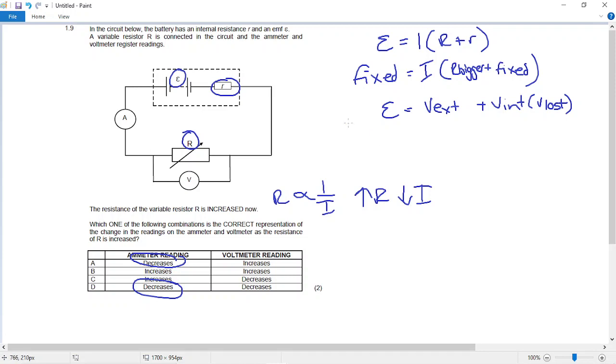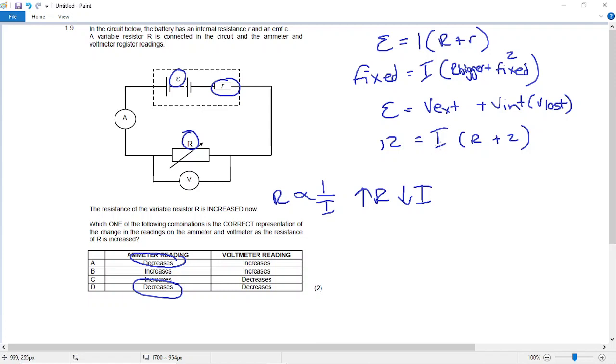If we say to you, we are playing with 12 volts EMF, and say I have a fixed internal resistance of 2 ohms, then I say 12 equals IR plus I times 2.